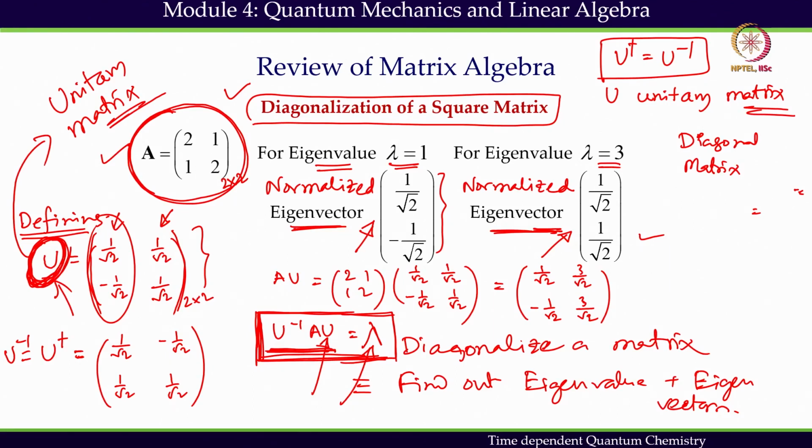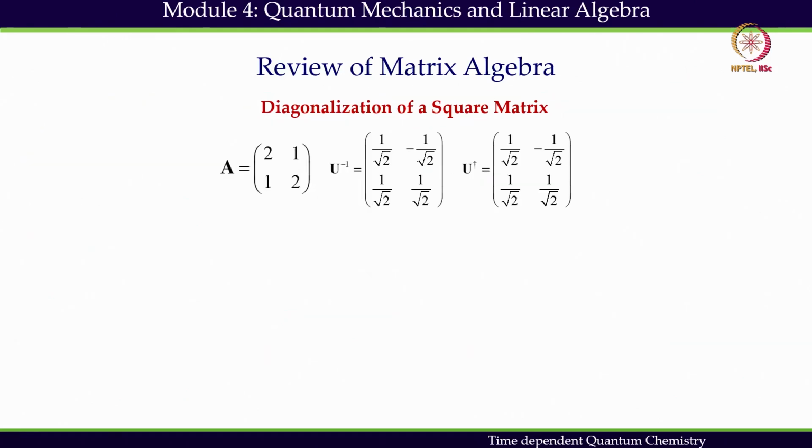So we have pretty much covered the kind of linear algebra we need to explore the quantum system. What we have seen is that diagonalizing a matrix is a convenient way, and we have got a useful perspective on diagonalizing a matrix.